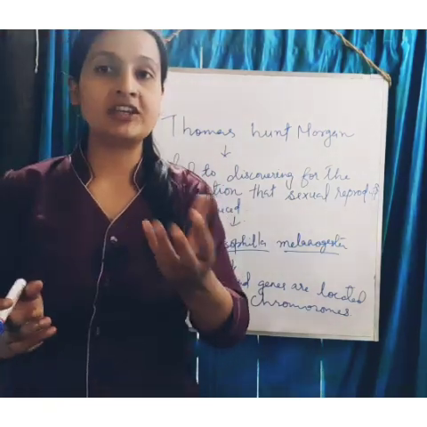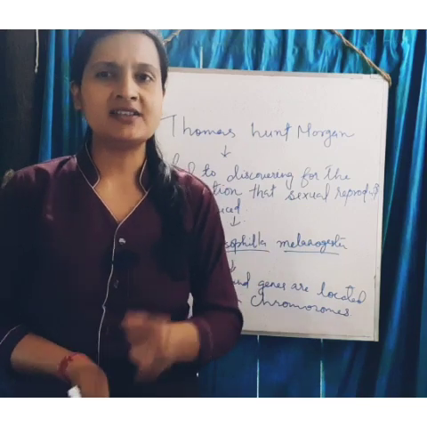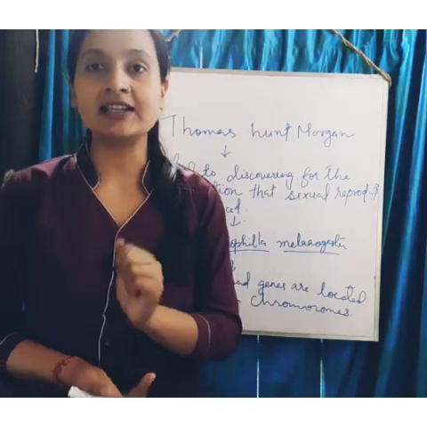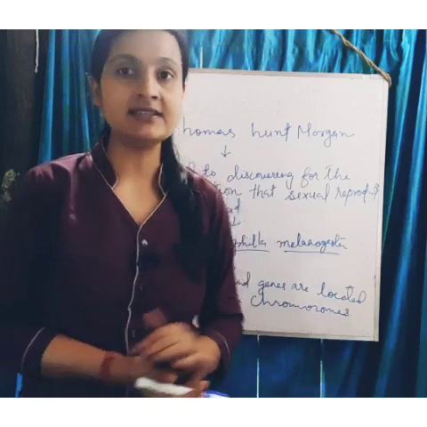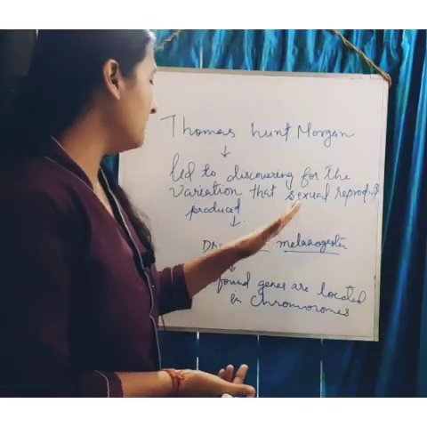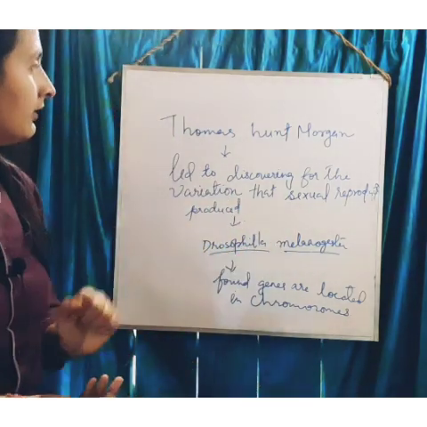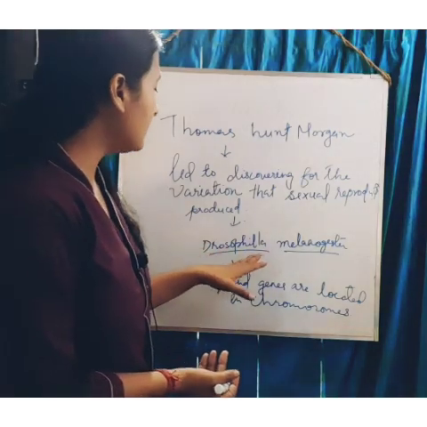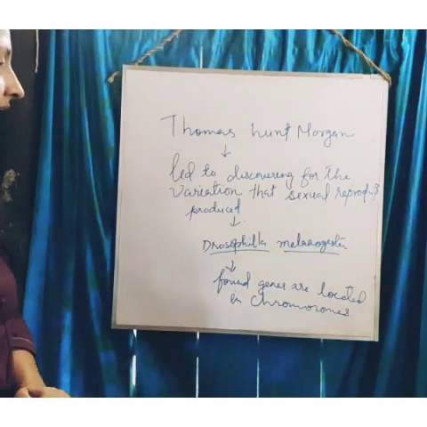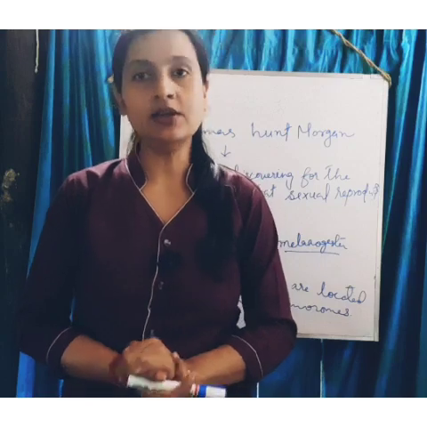If you have observed, if you keep a fruit, you will see small flies, right? Those are fruit flies, and the scientific name is Drosophila melanogaster. When they experimented on these flies, they found that genes are located in the chromosome.